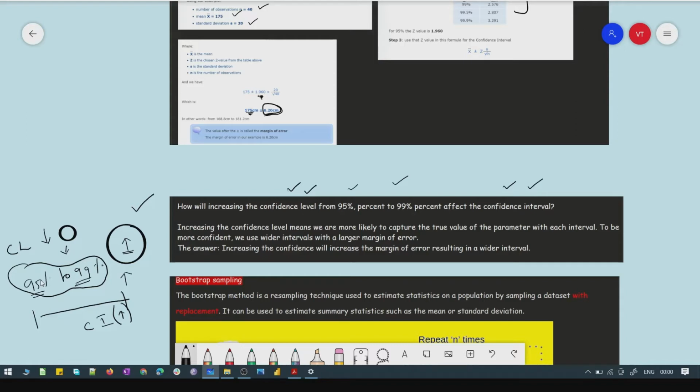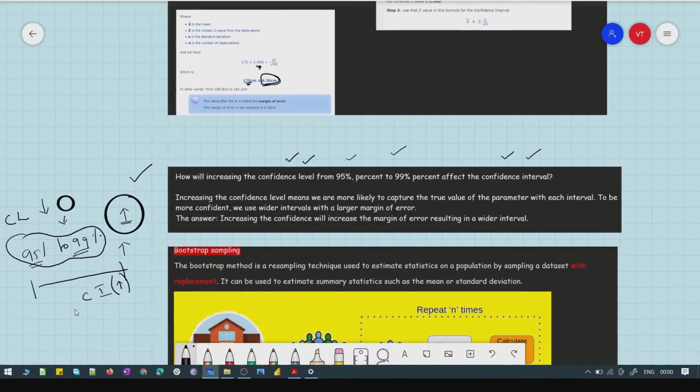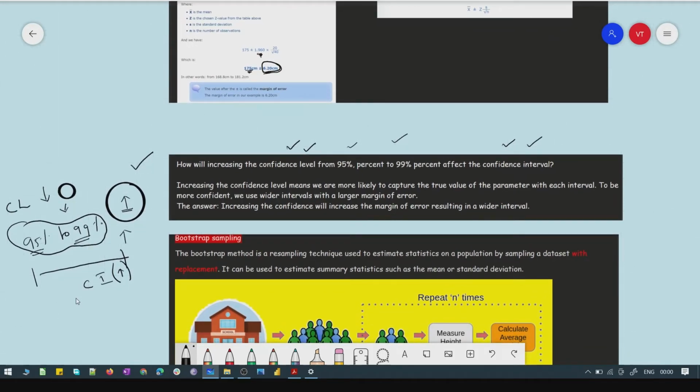When you increase this, your margin of error also increases. Your confidence interval is expressed as x bar sample plus or minus the margin of error. This value increases, and because of that your confidence interval also increases. That's the answer for this one.